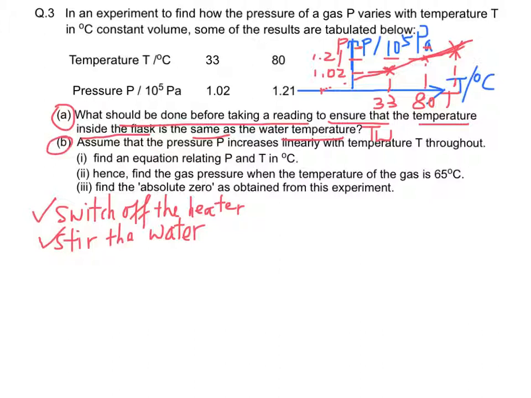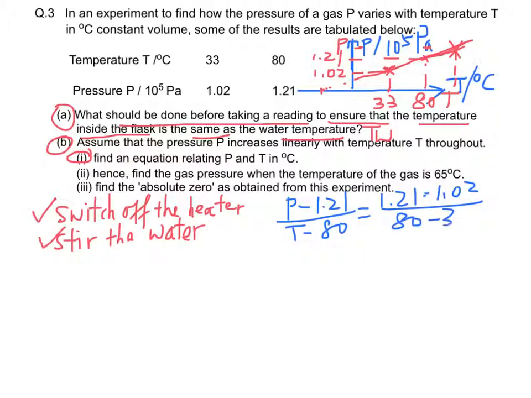For part B, part 1, since P varies linearly with temperature in degrees Celsius, the graph is a straight line. Therefore, (P minus 1.21) over (T minus 80) equals (1.21 minus 1.02) over (80 minus 33).